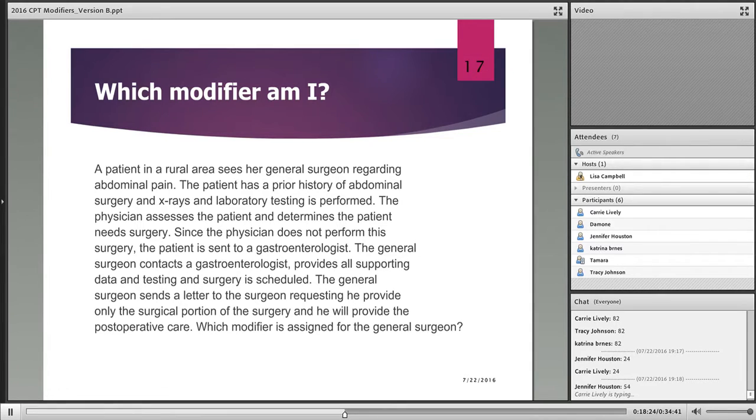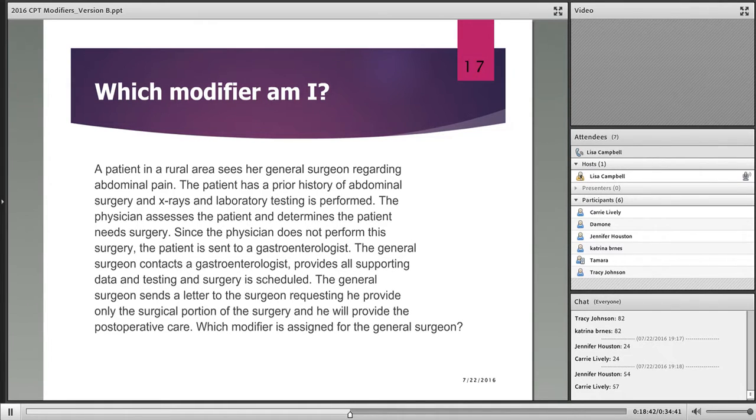So one thing that you need to notice here, since the physician does not perform this surgery, he sends the patient to a gastroenterologist.